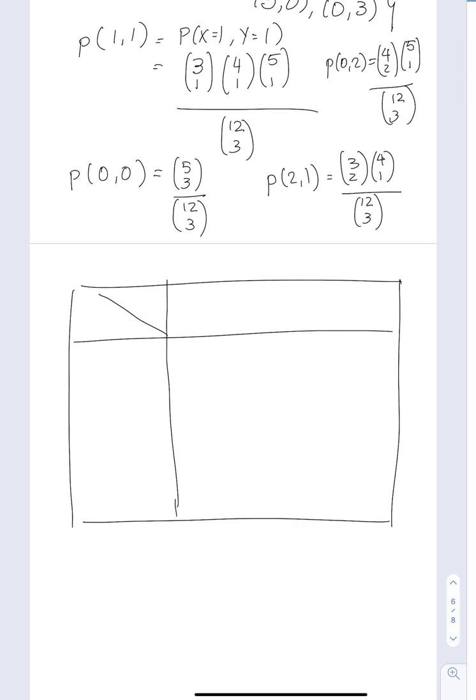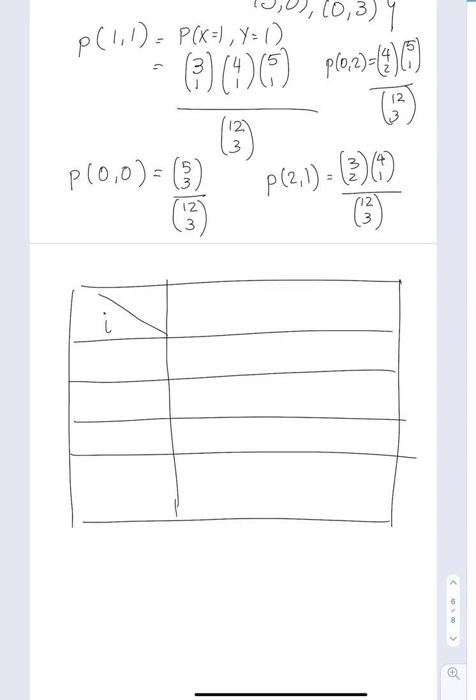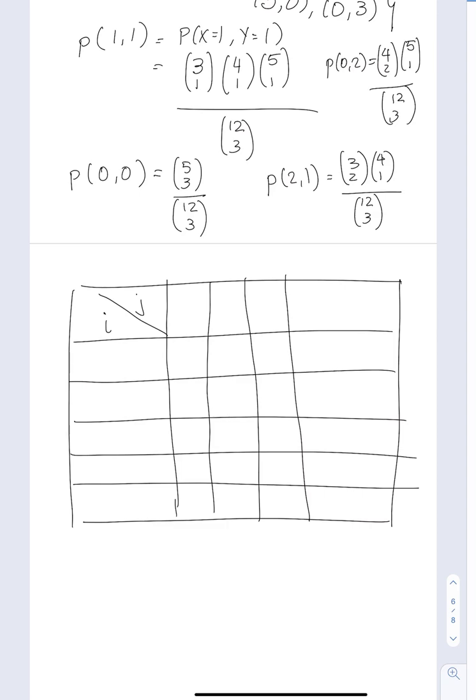Okay, and this is I. The rows will stand for the red balls: 0, 1, 2, 3. J, the columns will stand for the white balls. All right, you'll have 0, 1, 2, 3.